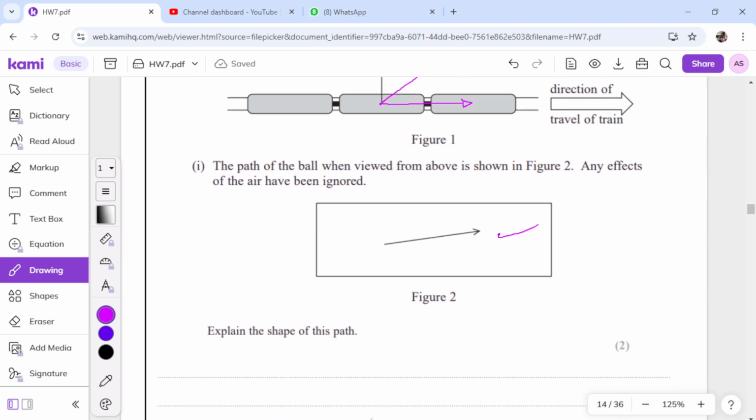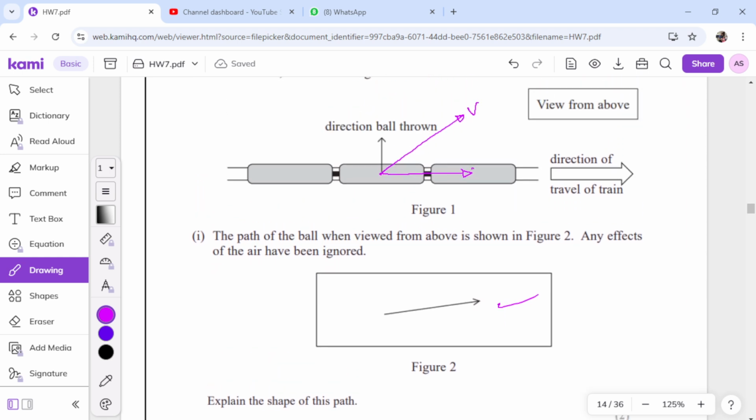Okay, so again this is ux and uy, or vx and vy, horizontal and vertical. Explain the shape of the path.